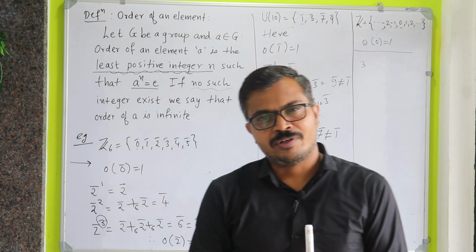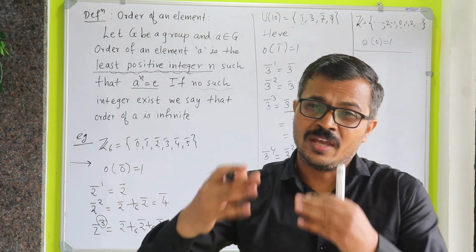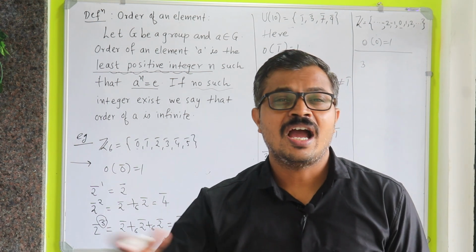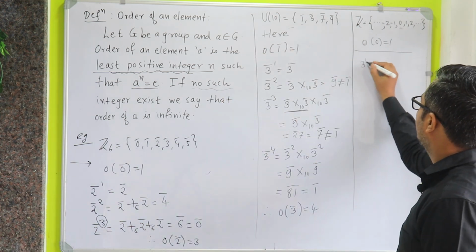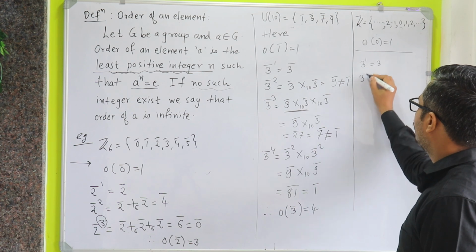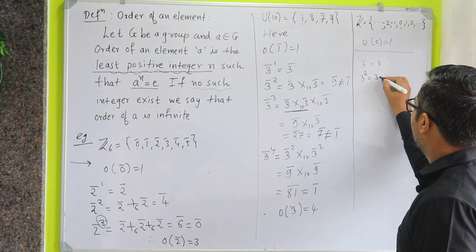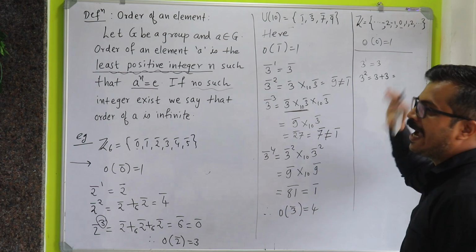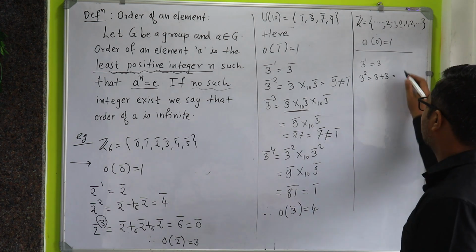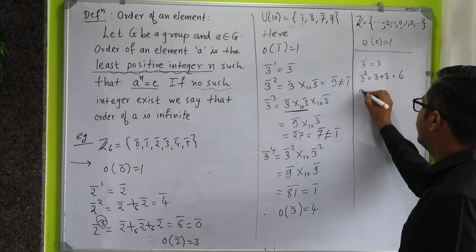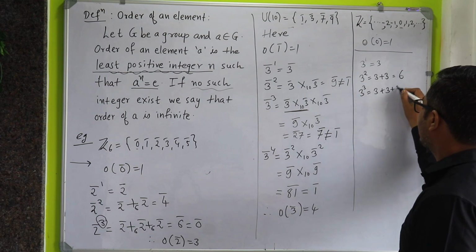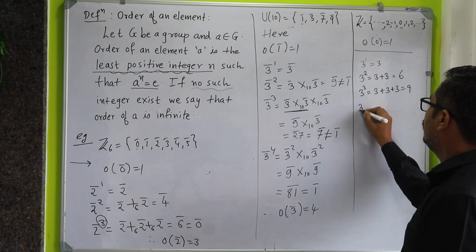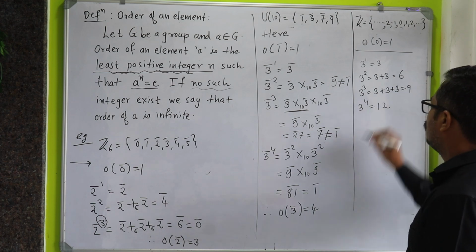Note, the identity element of Z is 0, so we have to continue the process until we get 0 on the right hand side. So 3 raised to 1 will be 3, 3 raised to 2 will be 3 plus 3, because the binary operation on Z is plus, right? So this will be 6, 3 raised to 3 will be 3 plus 3 plus 3, that is going to be 9, 3 raised to 4 will be 12, right?